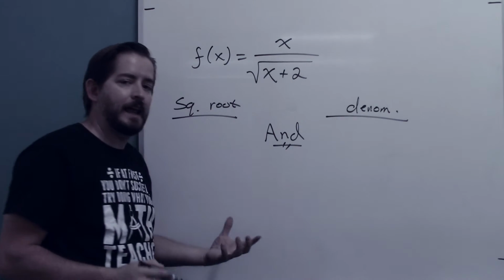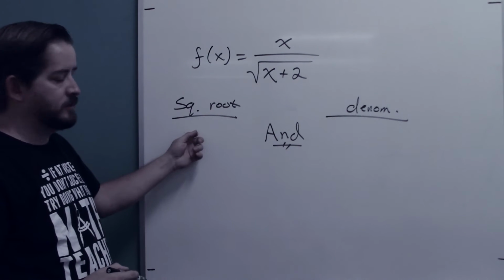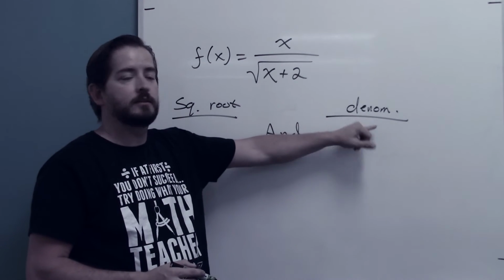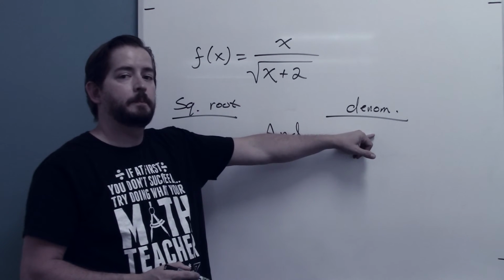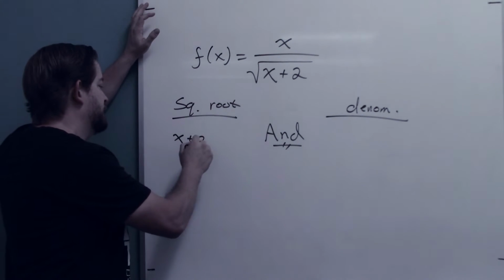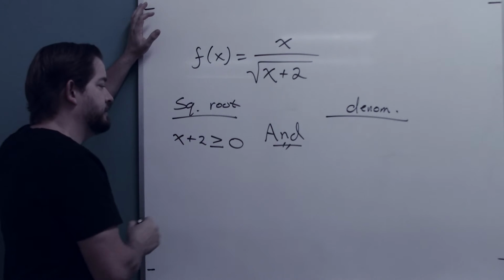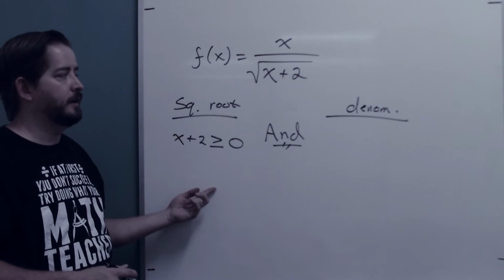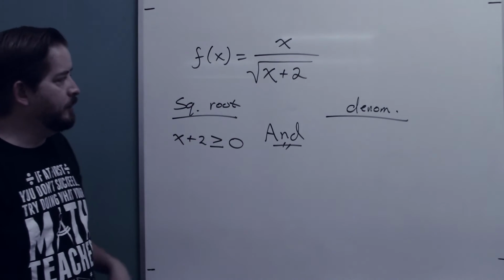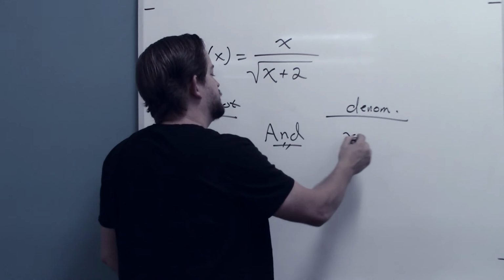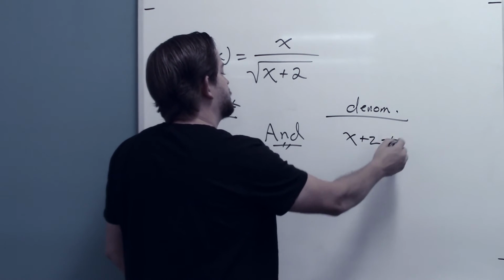There's two issues here, and I have to make sure that both are satisfied, so I essentially get an AND conjunction. I'll have some domain for my square root, but I have to intersect that with the domain of the denominator. For the square root, x plus 2 has to be greater than or equal to 0. I'm not going to solve this yet because I'm going to simplify first. The denominator says that x plus 2 can't be 0.